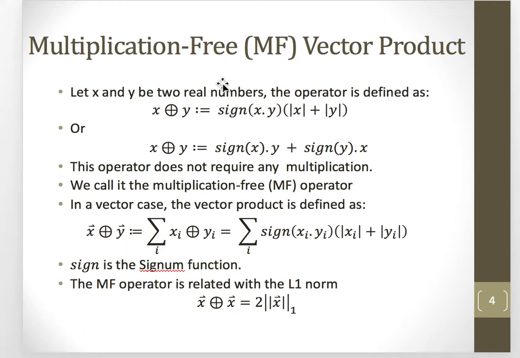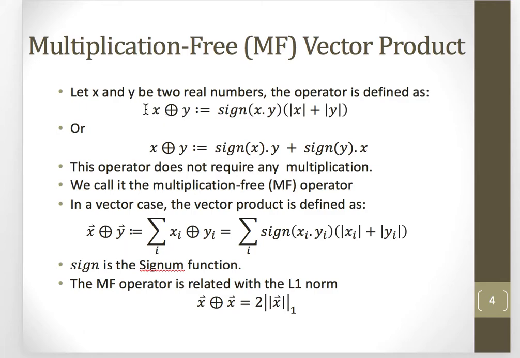Okay, so here is the definition of the operator. So let's assume that x and y are two real numbers. x ⊕ y is defined as sign of x times y, times absolute value of x plus absolute value of y. So we keep the sign of the multiplication, but we add the magnitudes of the two real numbers x and y.